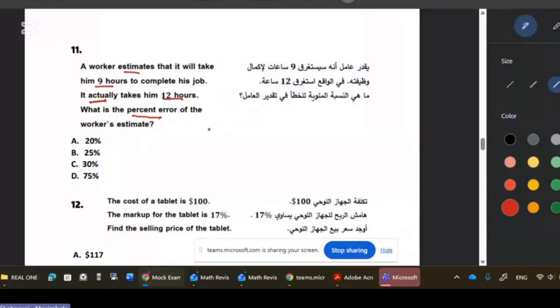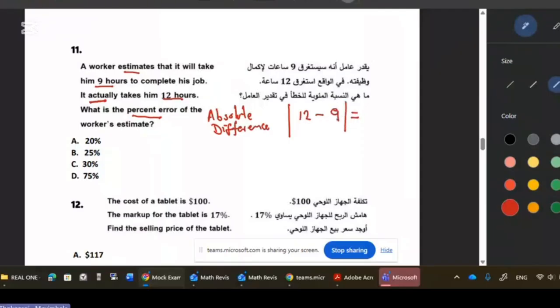So we are going to first do this, boys. We have to first find the absolute difference. Let's find the absolute difference first. That's what you're going to find, which is, we're going to take 12, subtract 9.